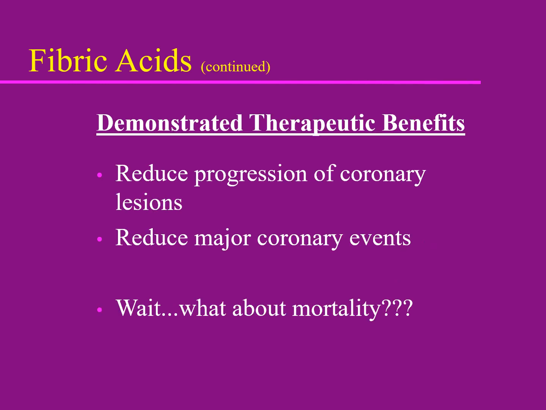So the fibric acids, they do seem to decrease the progression of coronary lesions. They do decrease coronary events, but again, they have no data as far as mortality. This is something that many cardiologists will try to do, and as noted, it's controversial, but it is frequently done.